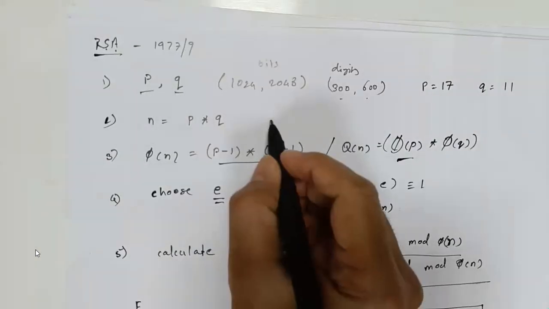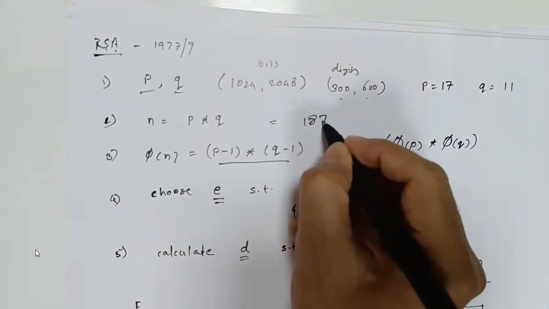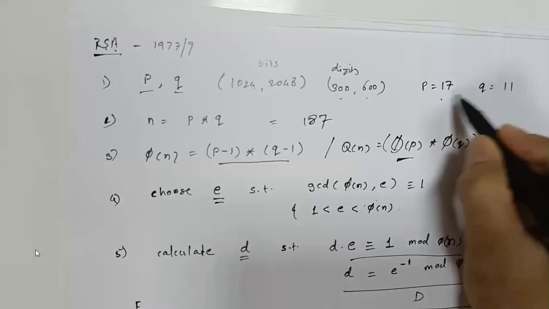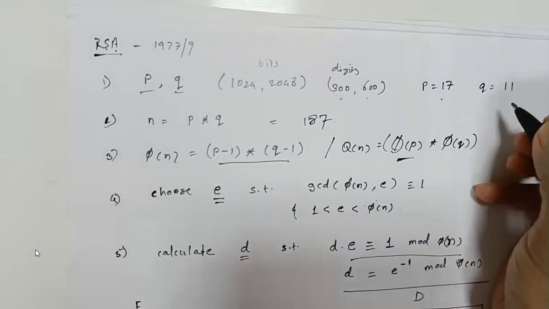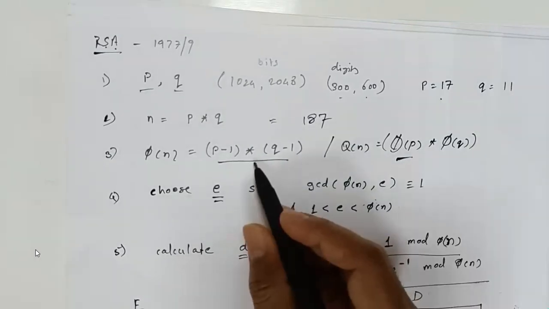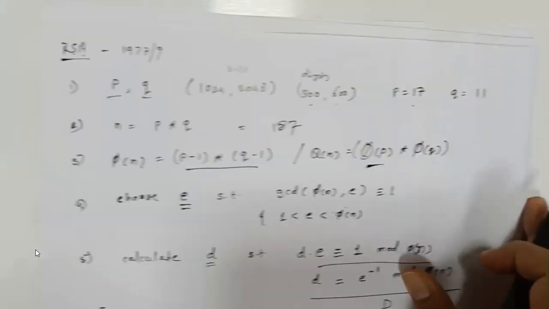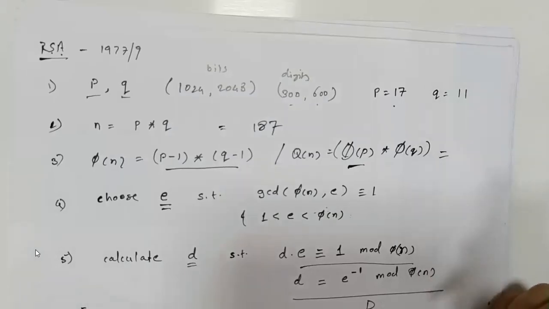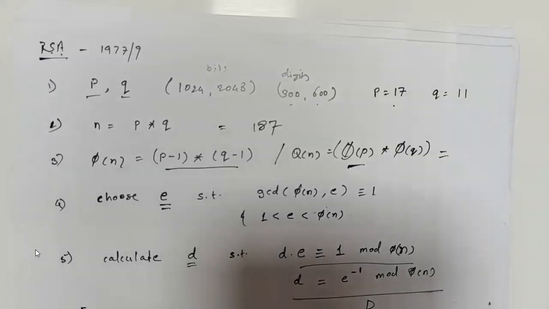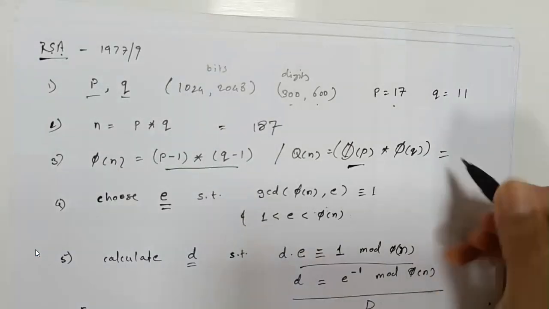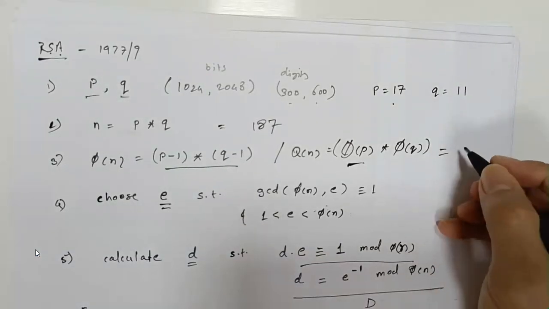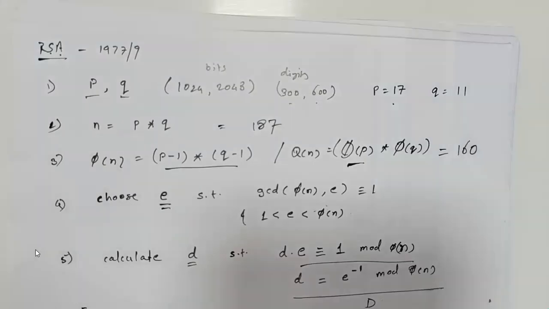P into Q, 17 into 11, will be 187. What will be phi of n? 160.